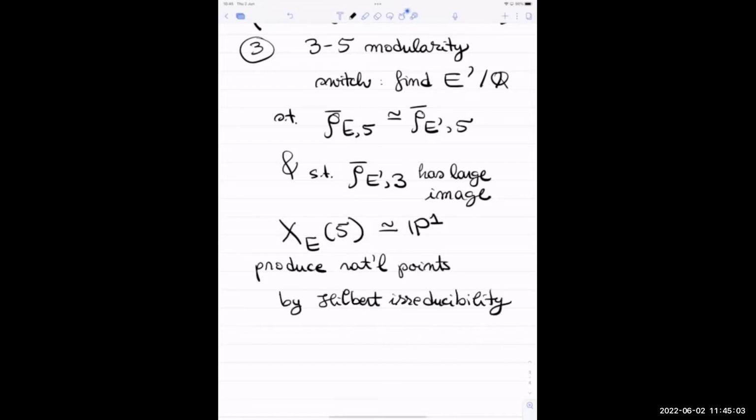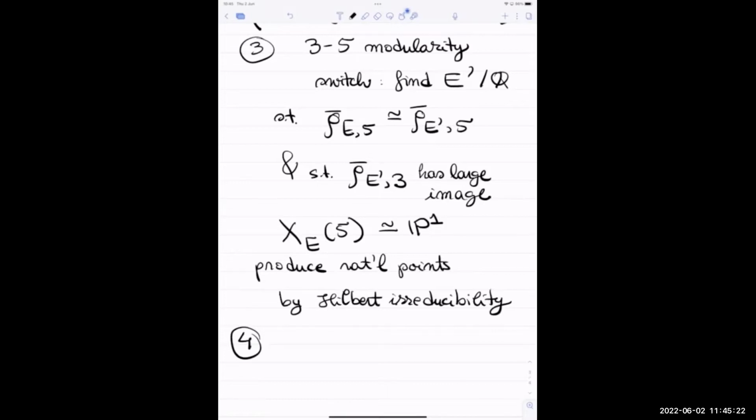All right. And then you're just left with the last step, which is to understand the exceptions if your image mod 5 and your image mod 3 are both small.